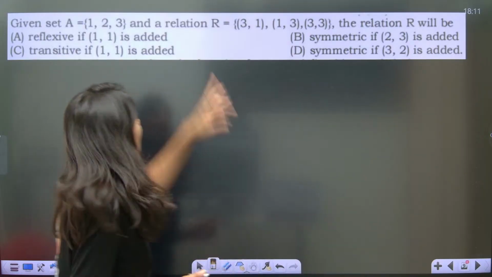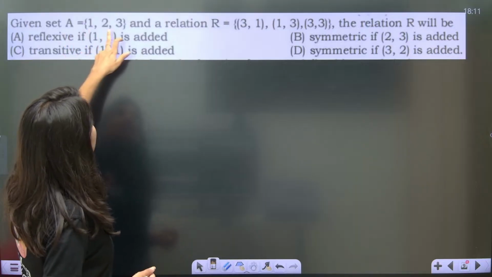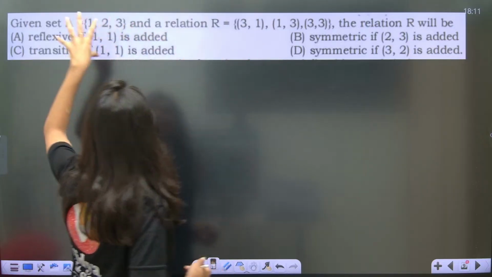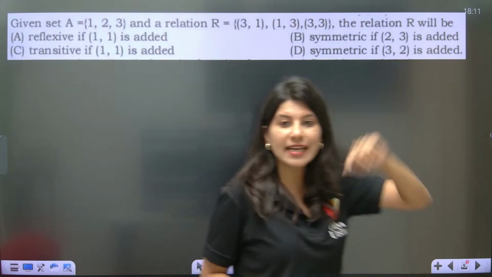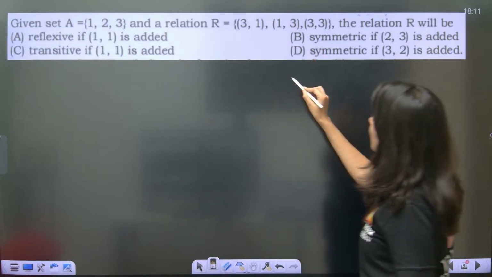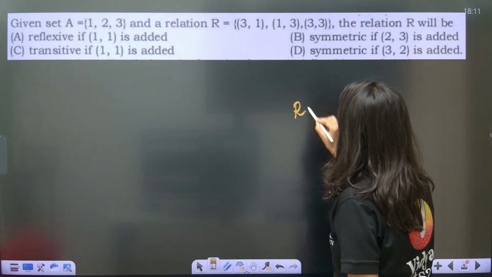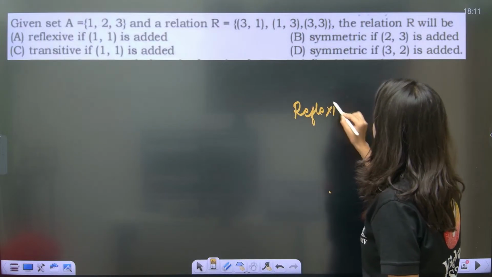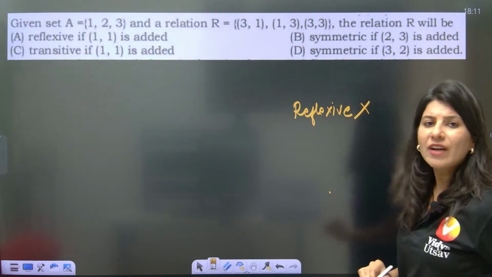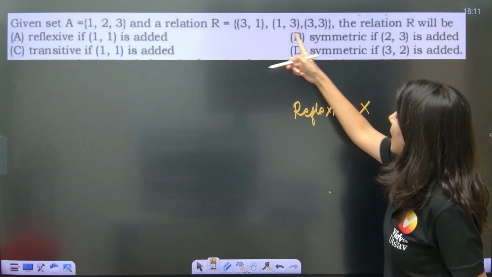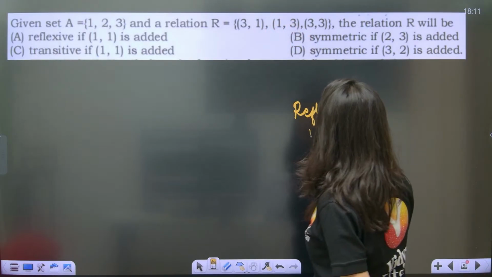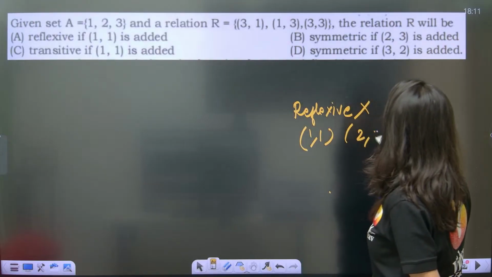Okay, so now coming back to this. Let us check whether set A, this is your relation, is reflexive or not. Clearly, it is not reflexive. Why, ma'am? Because I want 1,1, 2,2, 3,3.